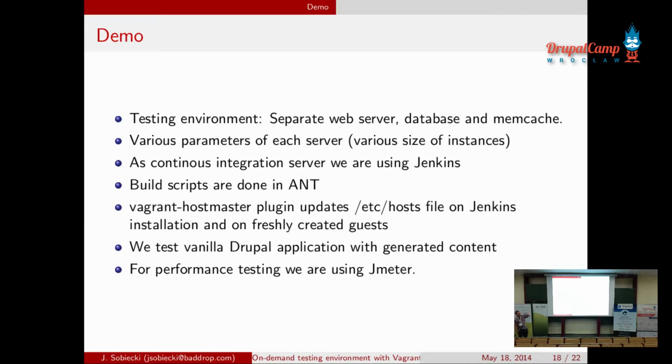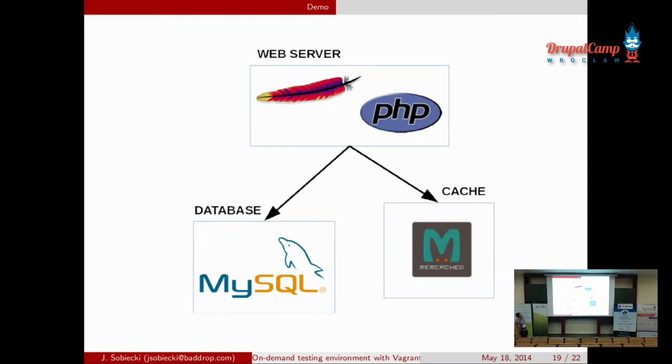Because IP addresses of instances created in DigitalOcean, which I'm using for the demo, are dynamic, I can't hardcode those IPs. Okay, and this environment looks like that. So nothing fancy here.